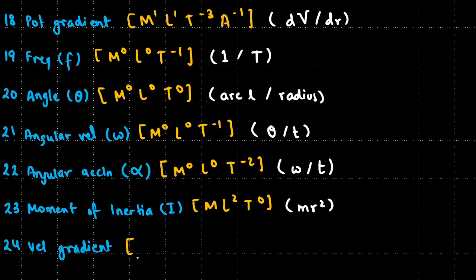We know the dimension of velocity, we know the dimension of dr, so we can find the dimensional formula of velocity gradient pretty easily. Basically, if you know the formula, you can find the dimension. That's what I'm trying to tell you.